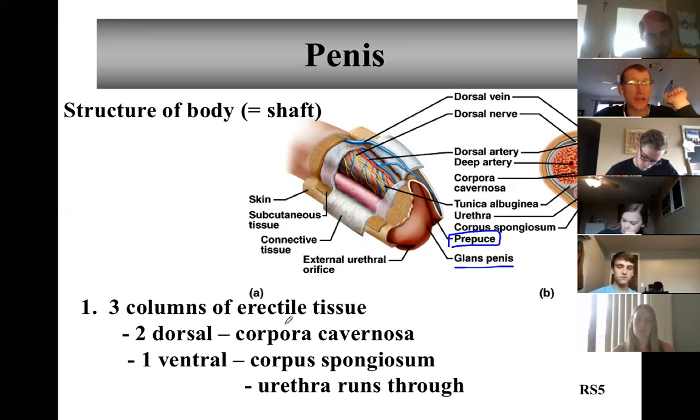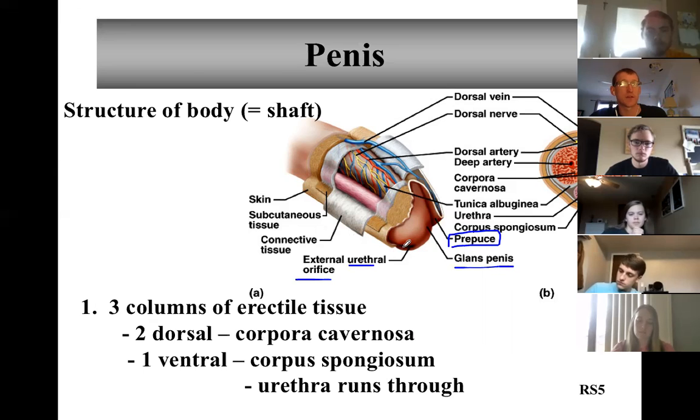There are 3 columns of tissue in the penis. So if you took this right here, the prepuce, which is the foreskin, the glans penis, which is the head, the urethral orifice, which is where the urethra is leaving the penis, and you were to cut it like so and look down, that would be this view right here. And so what you basically get are 2 bodies.